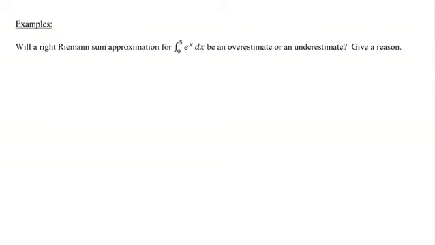So, for example, let's think about this for a second, and then I'll ask y'all, is it going to be an overestimate or an underestimate? Okay, we're going to take the right Riemann sum approximation for the area under the graph of e to the x between 0 and 5. So what this really requires of you is to know what the graph of e to the x looks like.